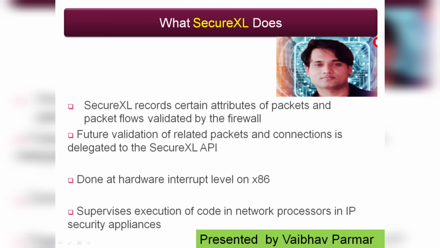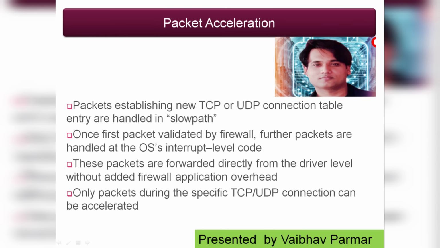Now let's see how packet acceleration and session acceleration take place. Let's understand packet acceleration. When a packet attempts to establish a new TCP connection or a comparable UDP connection table entry in the firewall, there are different packet processing paths like slow path, accelerated path, medium path, and firewall path.